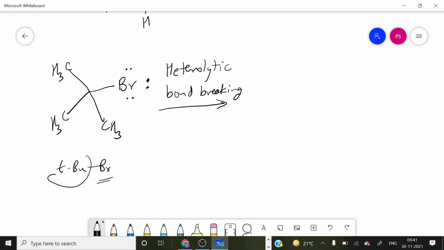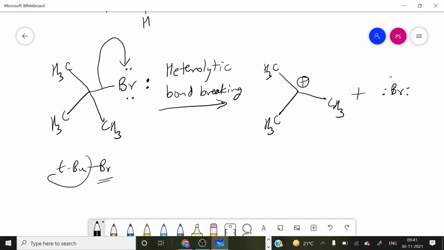So as the electronegativity of bromine is more, the electron should shift towards the bromine, and we get here CH3 CH3 positive ion and Br minus. Okay, so we get one bromide ion and one carbocation.